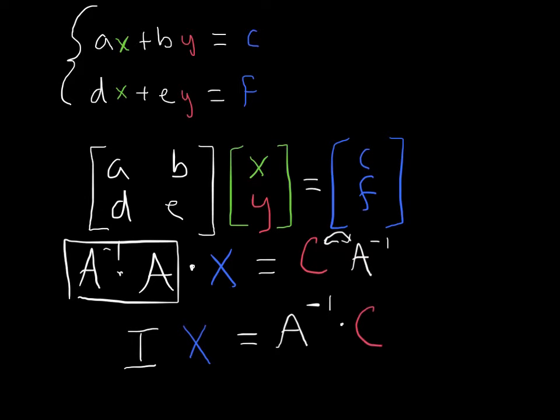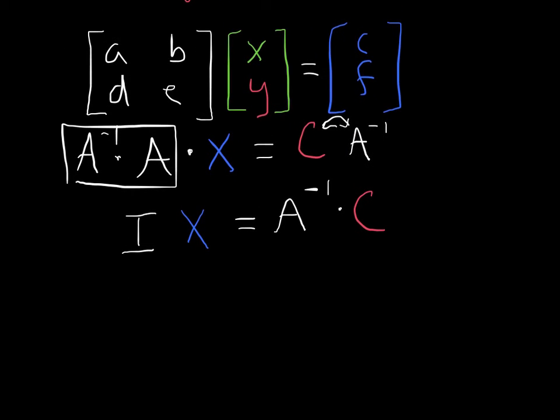So A inverse times C. Now, remember when we solve an algebraic expression, the identity matrix is basically like writing a coefficient of 1. We don't really have to write the 1x. So this identity matrix goes away, and we're just left with x is equal to A inverse times C. So this is the basic process of solving a system of equations using matrices.